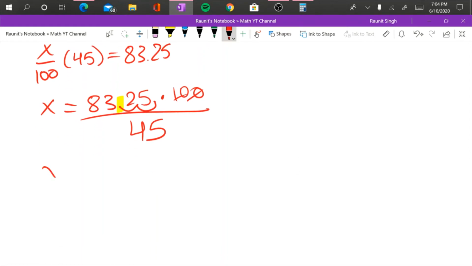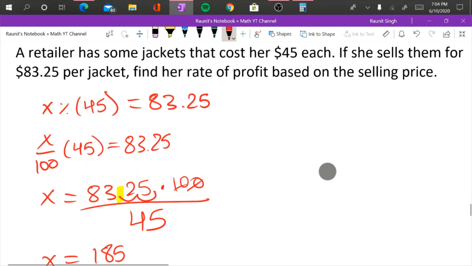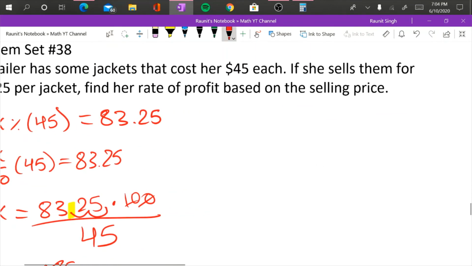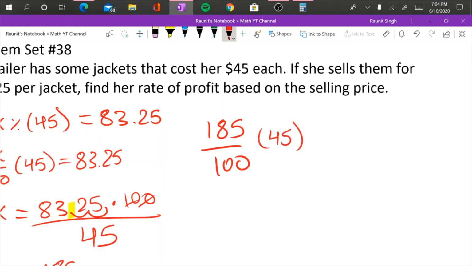So he marked it up 185%. Now we can check this by doing 185 over 100 times 45 to see what we get.